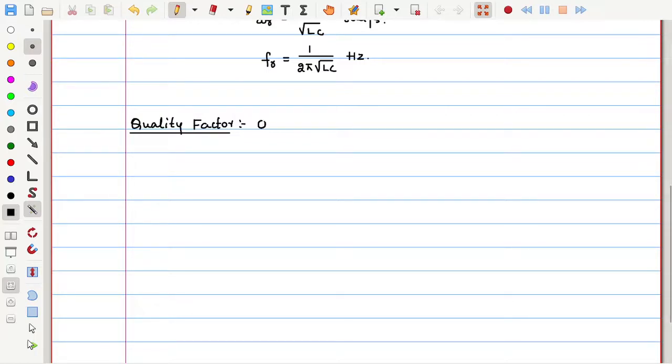Usually the quality factor is represented by the letter Q. It is defined as the ratio between the voltage across any one reactive element. That means we have two reactive elements in the series circuit: one is the inductor, another is the capacitor.